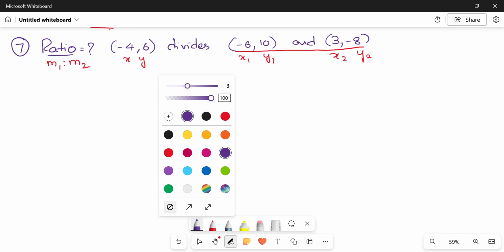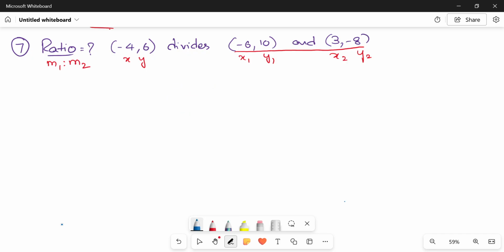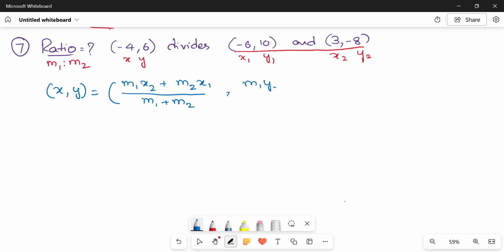We know that section formula x comma y is equal to m1 x2 plus m2 x1 divided by m1 plus m2 comma m1 y2 plus m2 y1 divided by m1 plus m2.